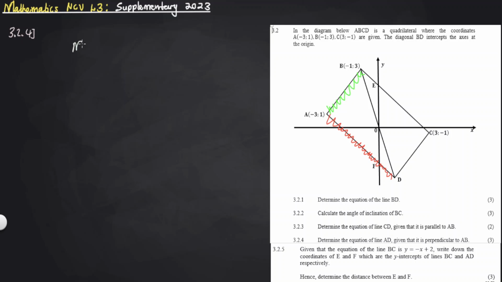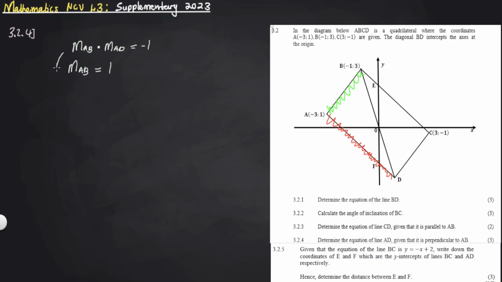We know that for perpendicular lines, when you multiply their gradients, you should get minus 1. So the gradient for line AB, multiplied by the gradient for line AD, should give minus 1. But we did calculate the gradient for AB, so it's 1.